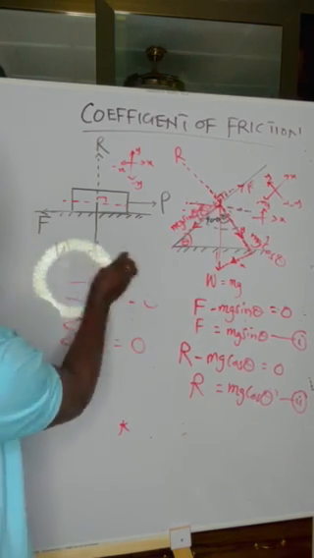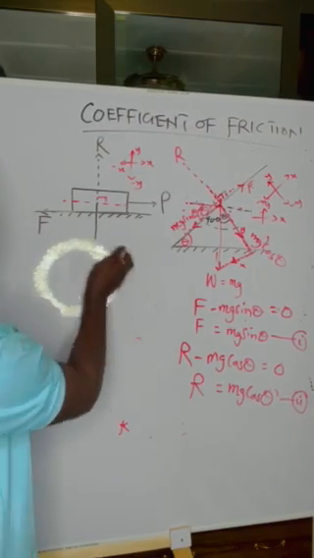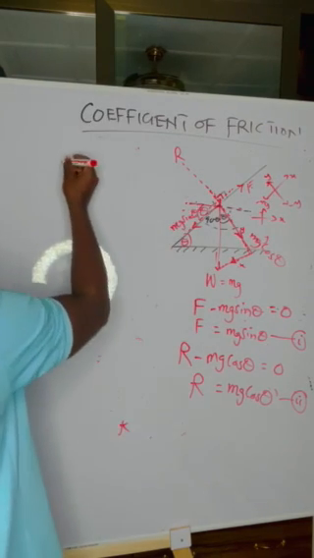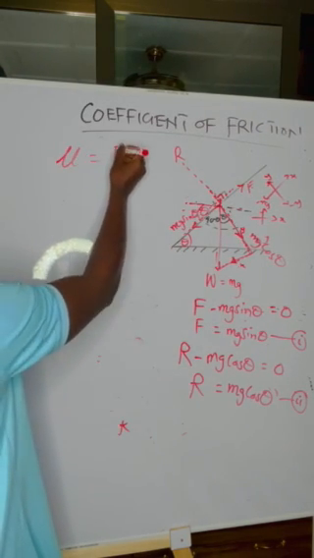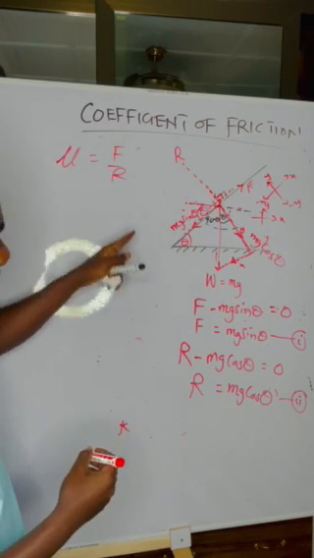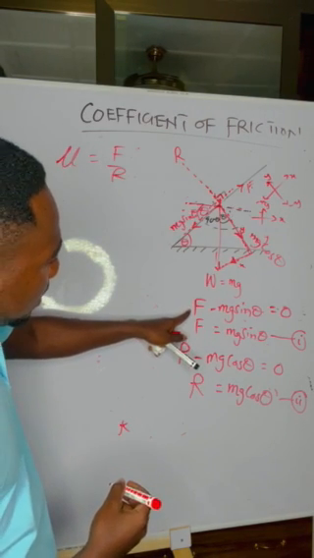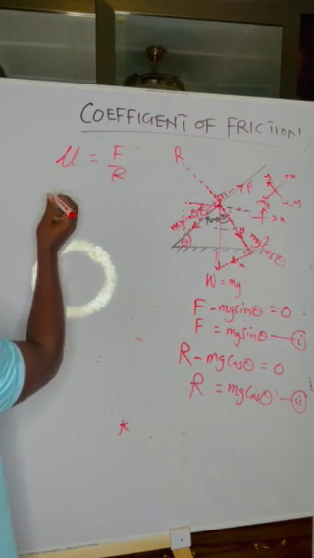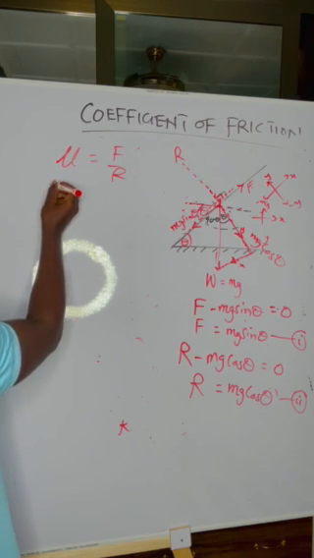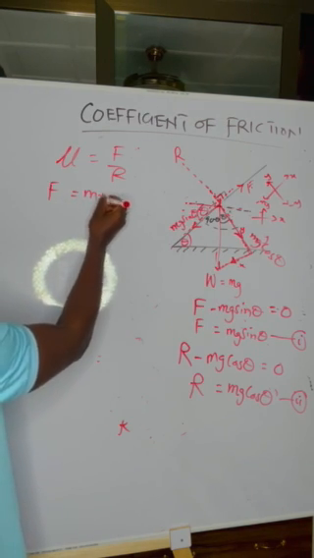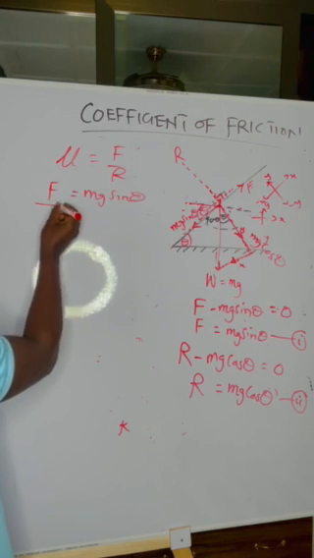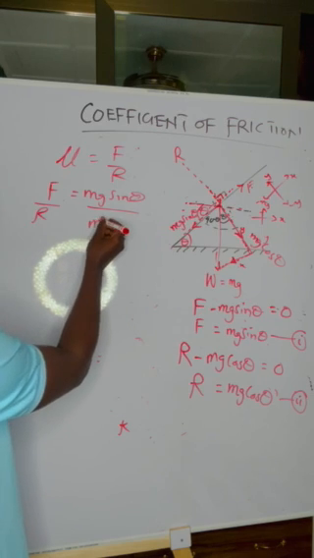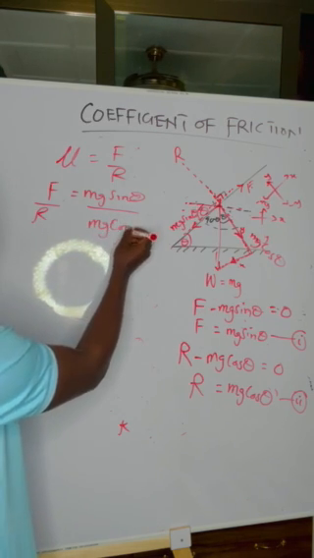From theory, we know that the coefficient of friction is F over R. So dividing equation 1 by equation 2, we have F over R equal to mg sin theta over mg cos theta.